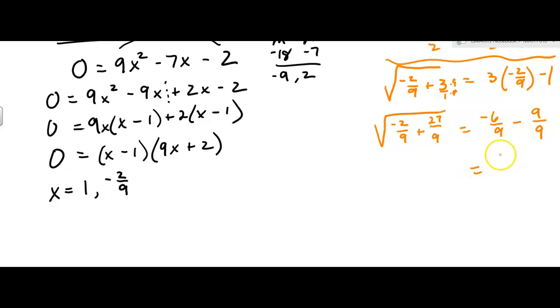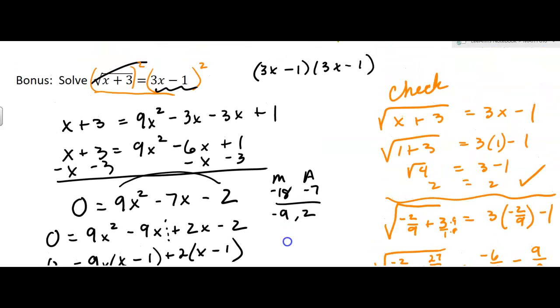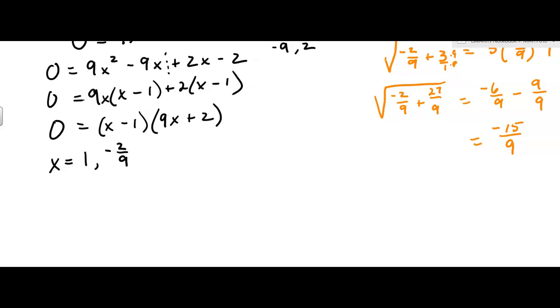Okay, so I'm going to do the right first here. I get negative 15 over 9, and I don't have a good feeling about that. Unless I wrote something down wrong. Let me go back up here. No, I didn't write it down wrong. And then on the left, I'm getting 25 over 9. So on the left, I get 5/3 if I take the square root of that. On the right, if I simplify it, I get negative 5/3. So that one doesn't work. But it's not because it was a fraction. It just didn't work. So, okay. Sometimes they both work.